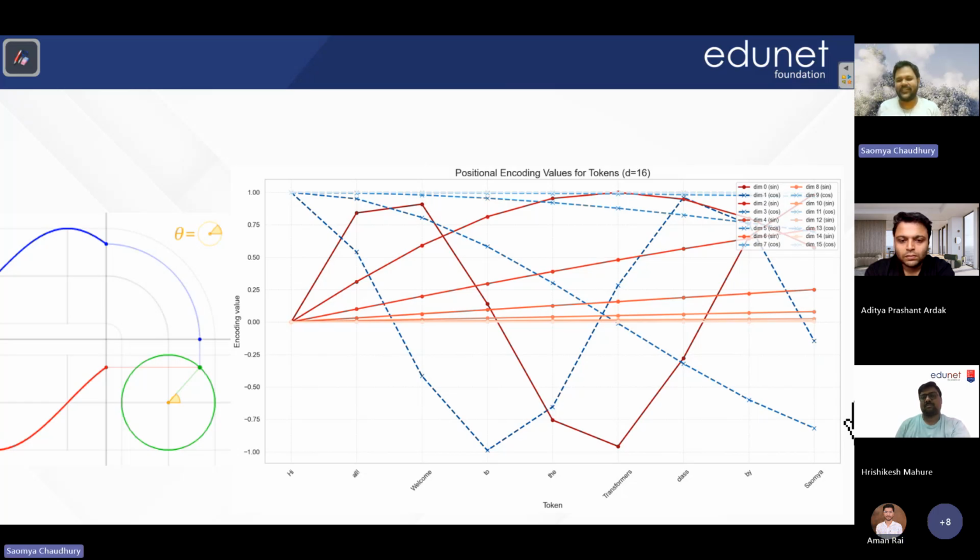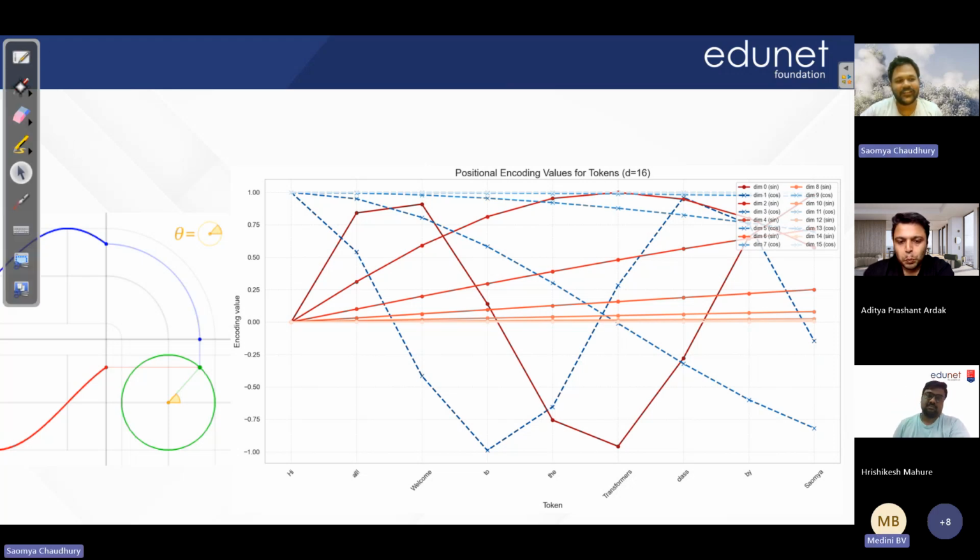Some of the encoding values are linearly incrementing. The encoding values for the words, the alignment: if you see, for all the words, there is a connectivity from 0 till the last word.